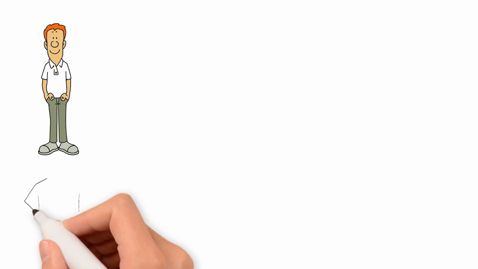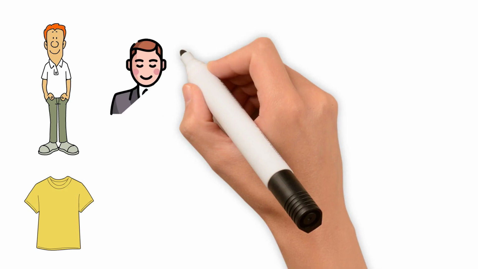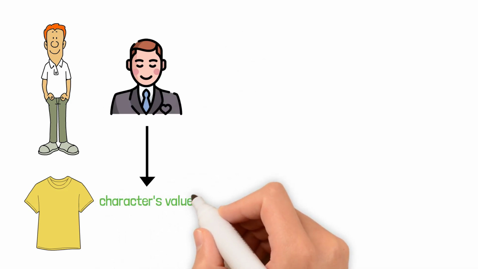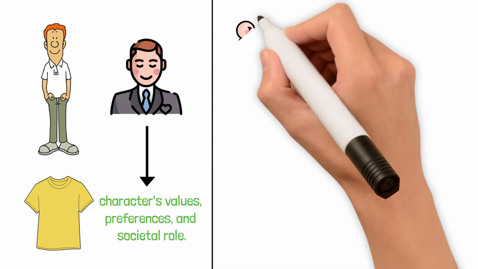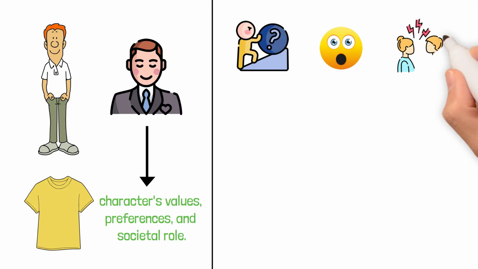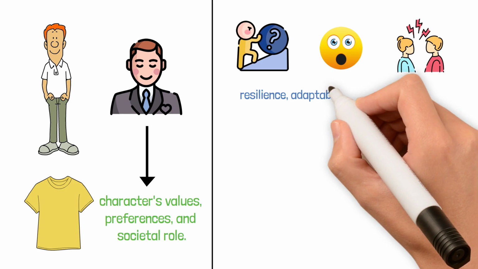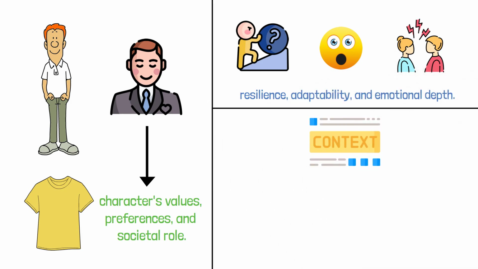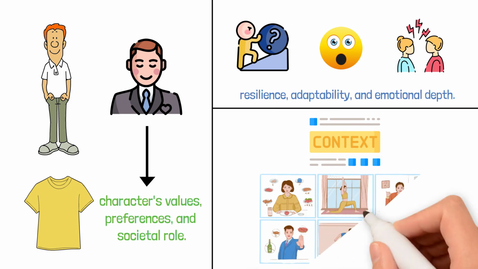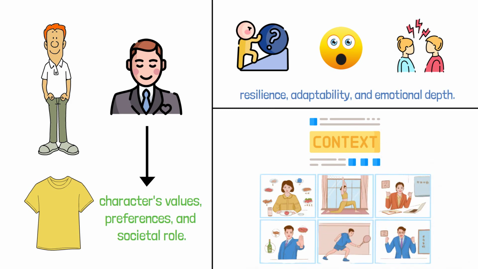Physical appearance, clothing choices, and grooming can offer hints about a character's values, preferences, and societal role. How a character responds to challenges, surprises, or conflicts can reveal their resilience, adaptability, and emotional depth. The context in which a character lives and their surroundings can reflect their background, lifestyle, and aspirations.